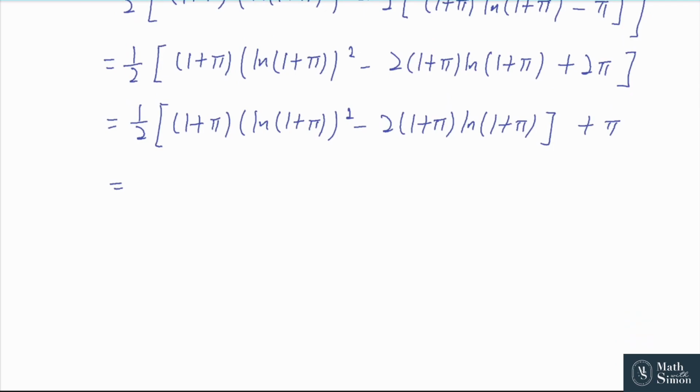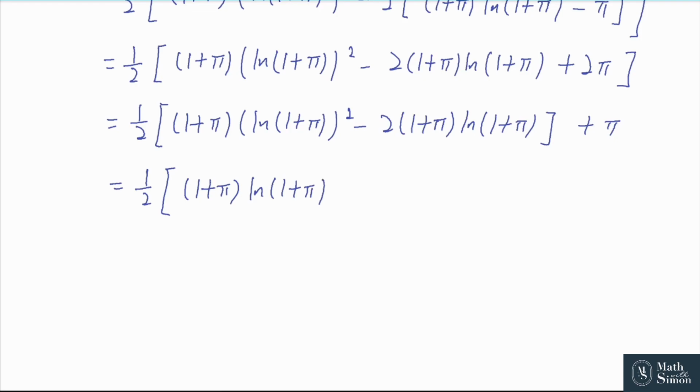just look at the two terms inside the bracket here. You notice that there are some common terms that we can factorize out, namely 1 plus pi, and also ln 1 plus pi that we can factorize.